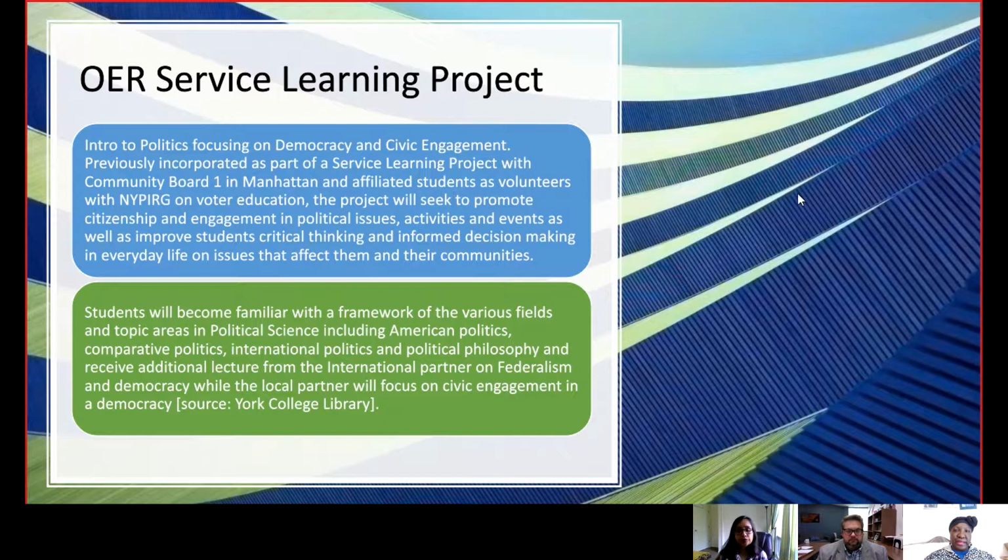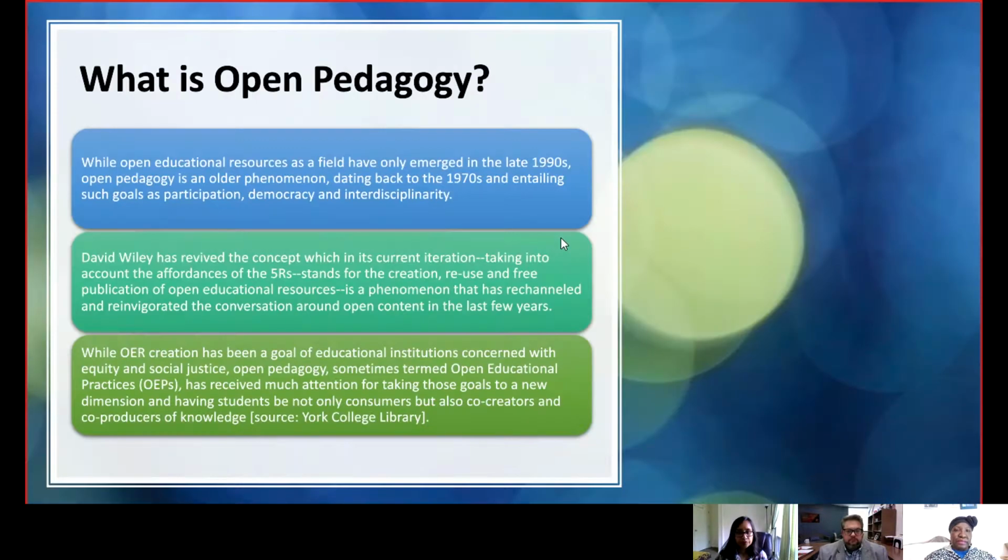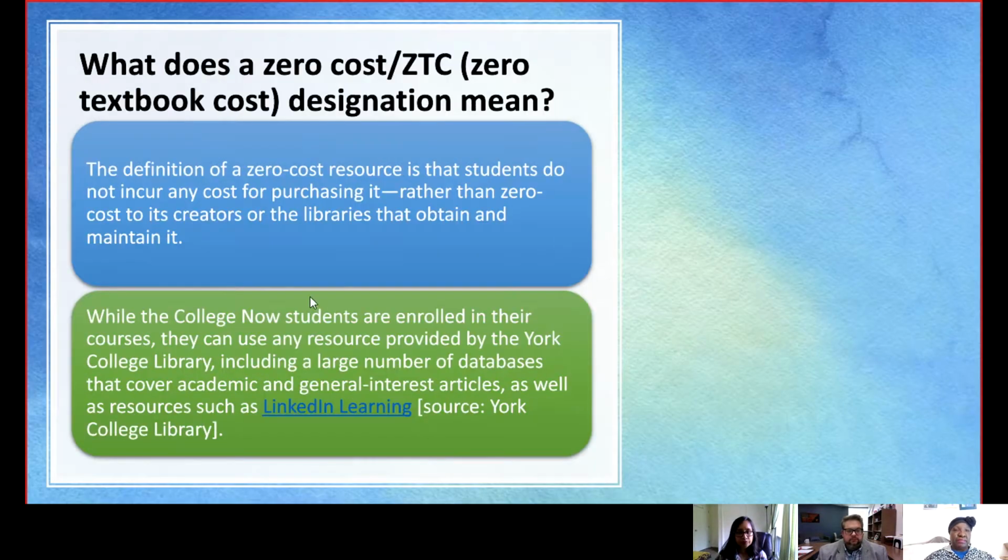For the project, I based my open pedagogy on a zero cost textbook, a ZTC course, which means students were not required to purchase any textbook, and all the instructional material was provided by the instructor, which was me.